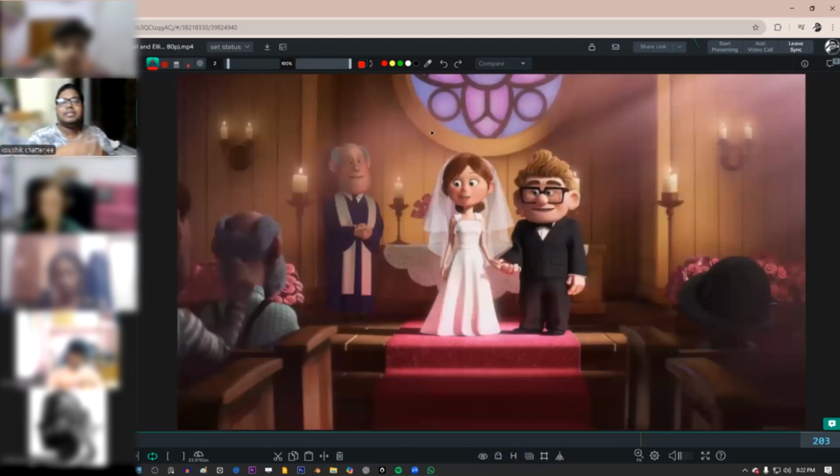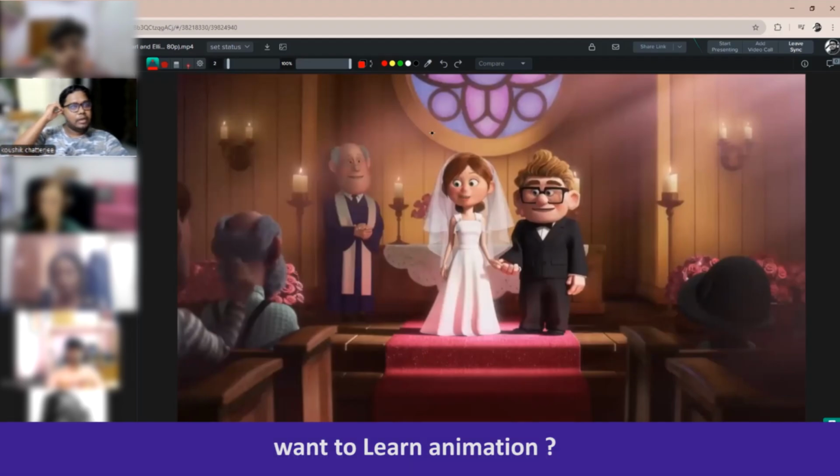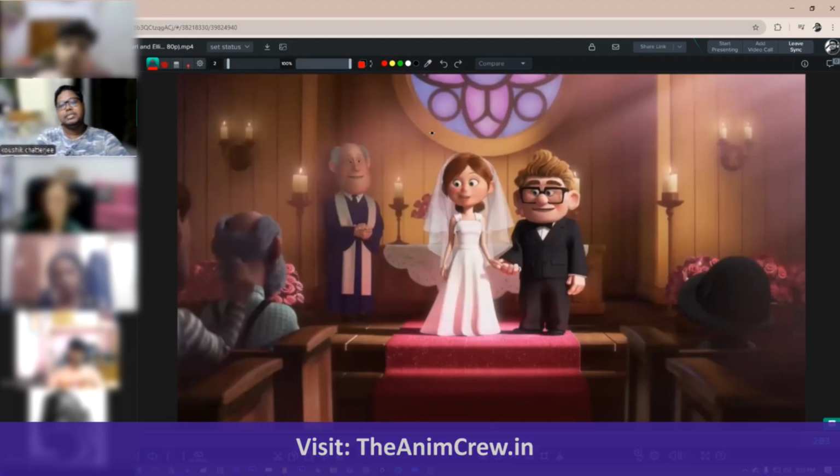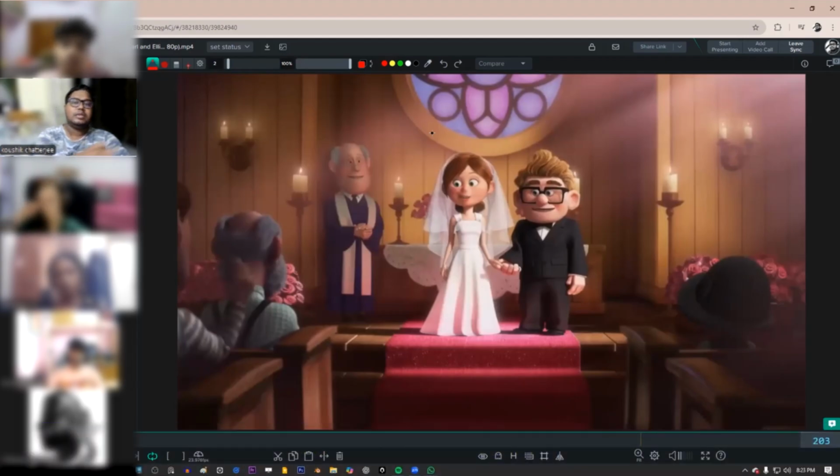They're doing something, but they're doing it with big gestures. Your director will be explaining that this is the thing. You have to animate them like this, but you will not be able to connect if you are not seeing the movie, if you are not feeling what those characters are feeling. Even if you are a BG animator, it doesn't mean that you will not think of this thing.